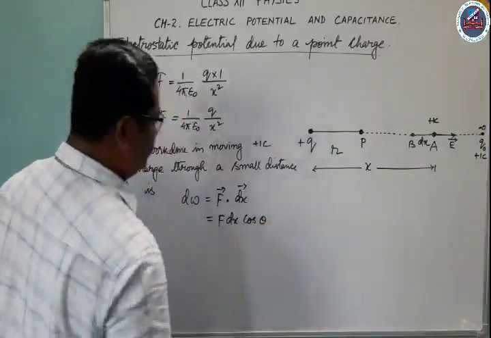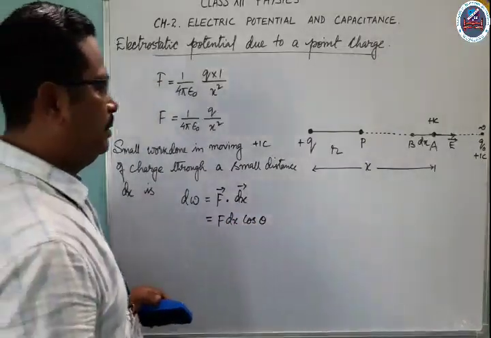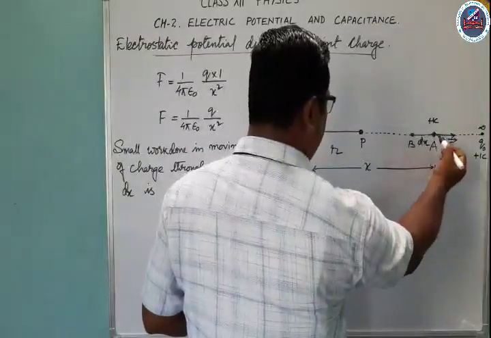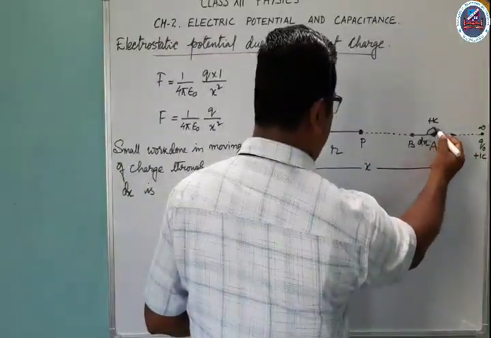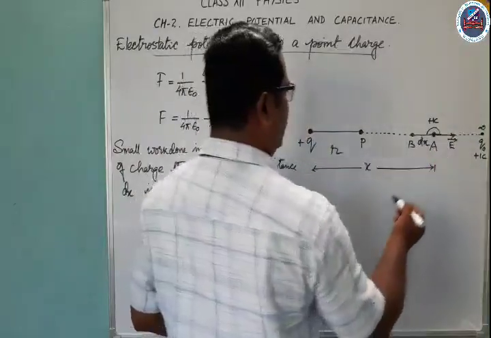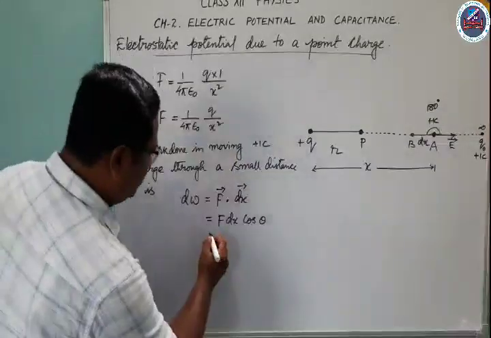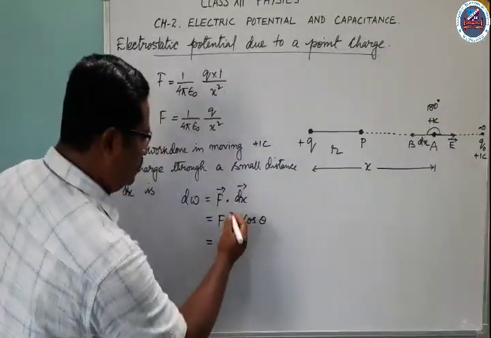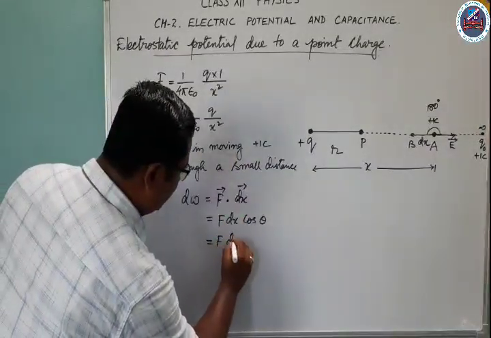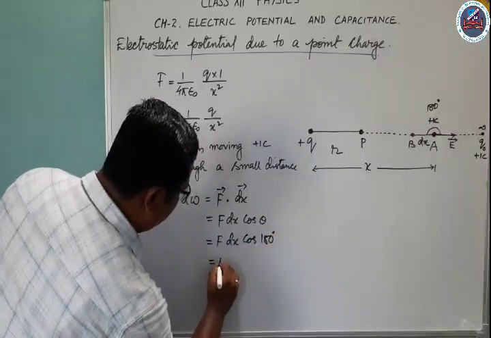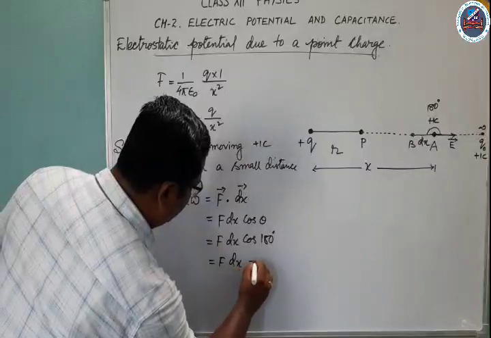cos theta. And here you know we are bringing towards our left side. So with the direction of electric field, it is making an angle of 180 degrees. So theta will be, F dx cos 180 degrees. Cos 180 degrees is equal to minus 1.